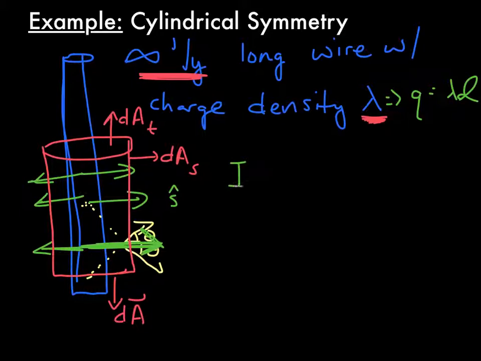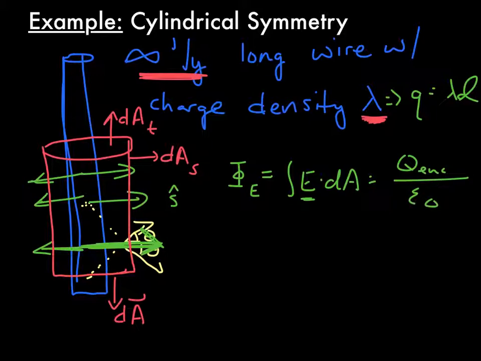Okay, so let's take a look at this. Start with Gauss's law. Flux equals the integral of E dot dA. In this case, E is constant, and this is Q enclosed over epsilon naught. So let's plug this expression in here.